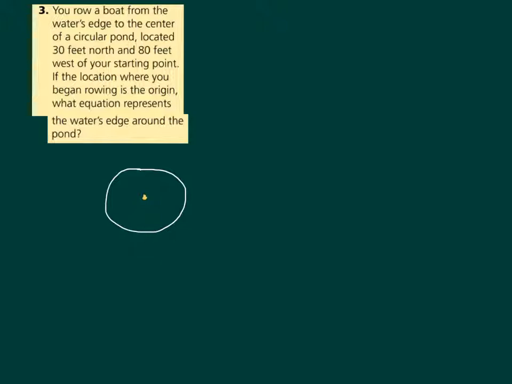Which means that we know the center. They tell us to imagine that the starting point was the origin. So the coordinates for that center, 30 feet north and 80 feet west, is (-80, 30). Negative 80 because if we start at the origin, we go 30 feet north, and then 80 feet west.